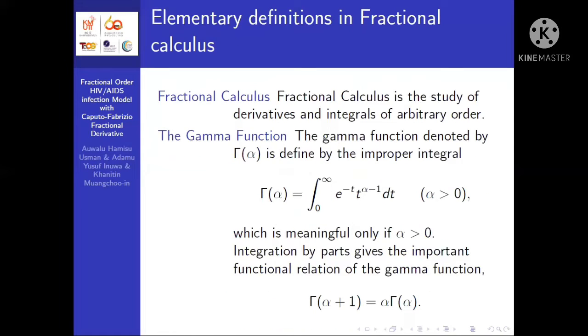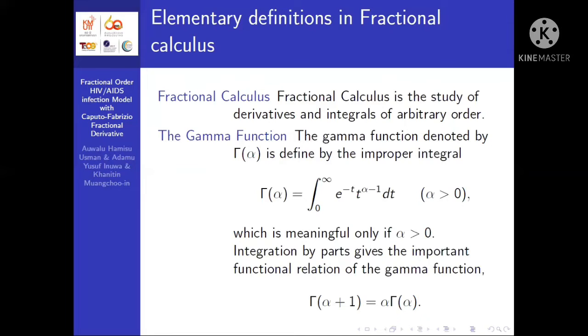Since we have introduced this, we know that calculus comprises two things, differential calculus and integral calculus. So here we present some basic terms of fractional calculus. Fractional calculus is defined as the study of derivatives and integrals of arbitrary order.